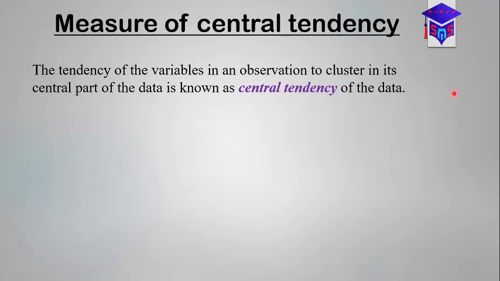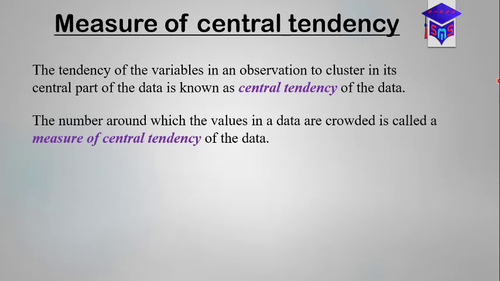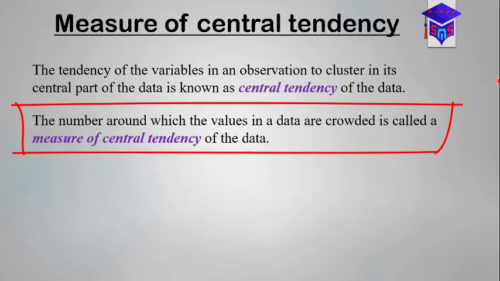So how do we measure the central tendency of the data? When we say measure of central tendency, the number around which the values in a data are crowded is called a measure of central tendency of that data.